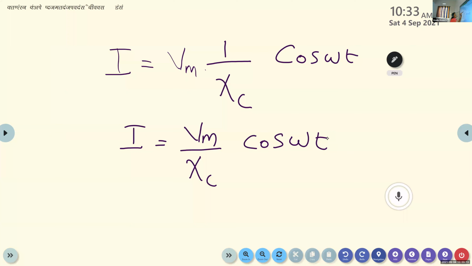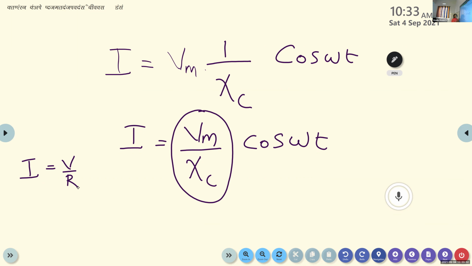Then can you guess what this term Vm by chi C represents? According to Ohm's law, generally we have I is equal to V by R. That is in the case of resistor.